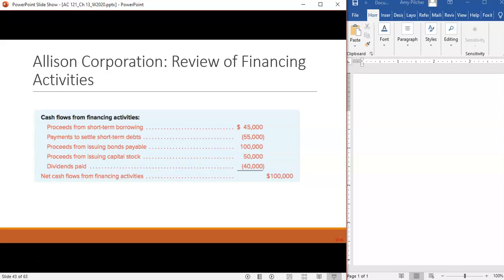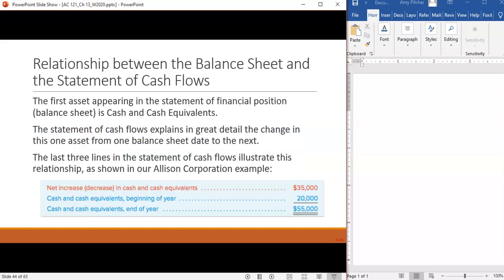If it had been a stock split or a stock dividend, that would not appear on the statement of cash flows. The statement of cash flows only shows things that are affecting our cash account. We have net cash flows from financing activities of $100,000. When we put all of those together, we have the net increase or decrease in our cash account.